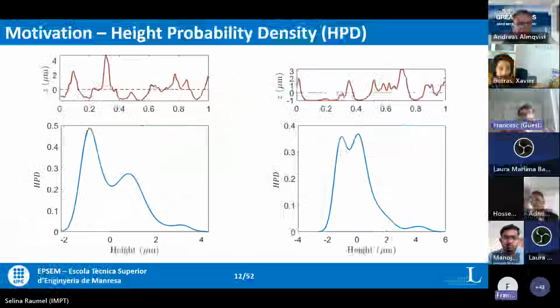And here we can see those two profiles that before we said had the same skewness, but still were different.